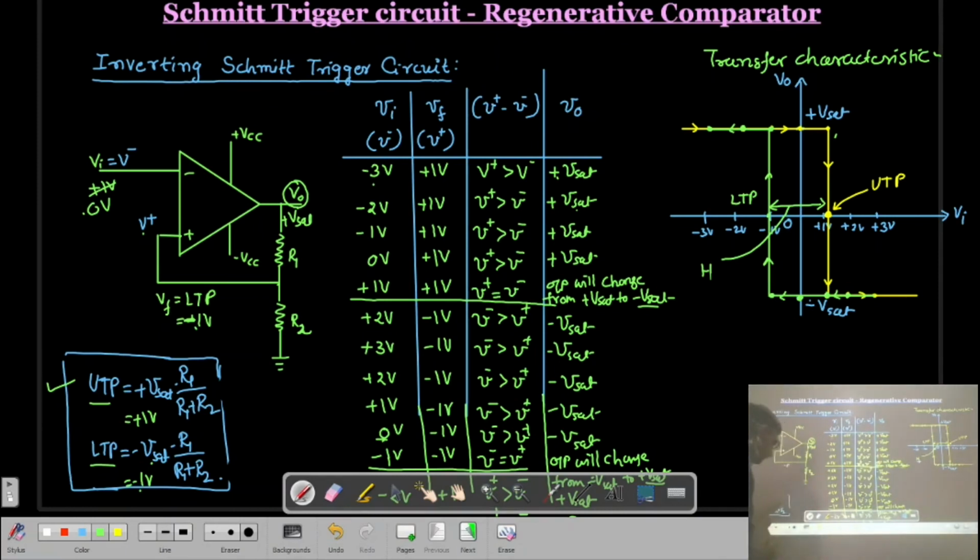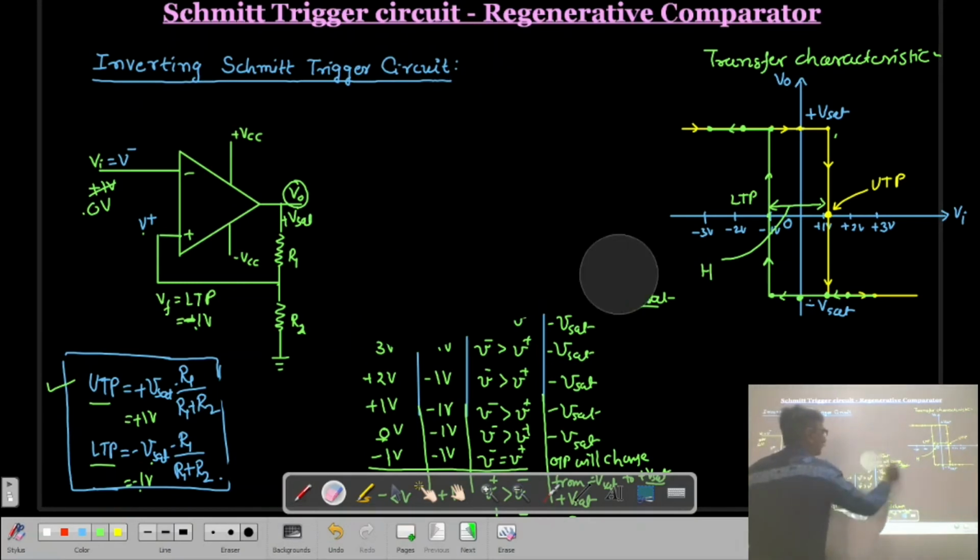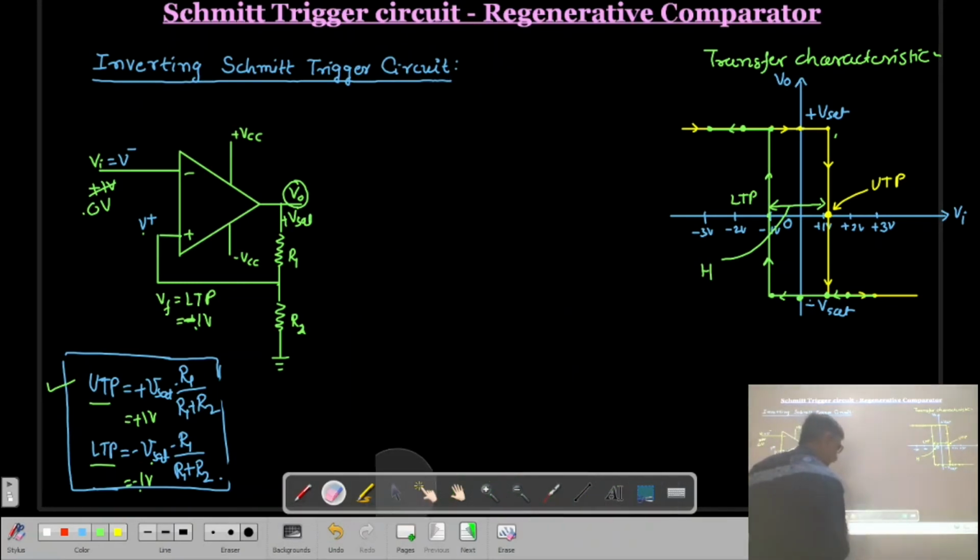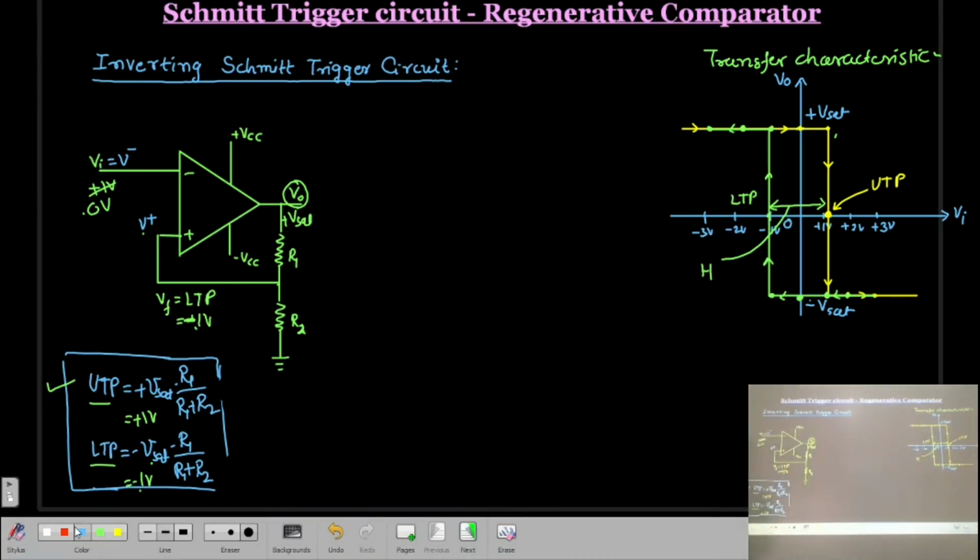So, what is the hysteresis width? That you can calculate. This hysteresis width H is given by the difference of what? Upper transition point minus lower transition point.